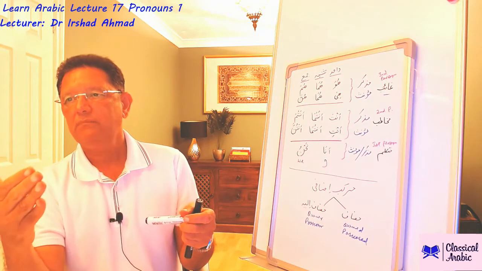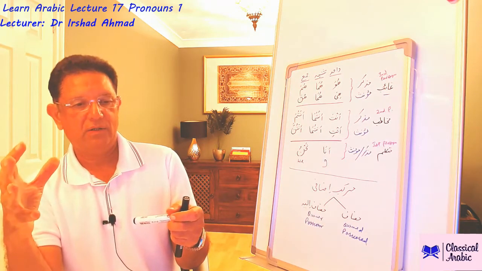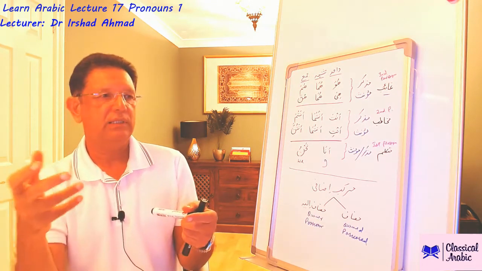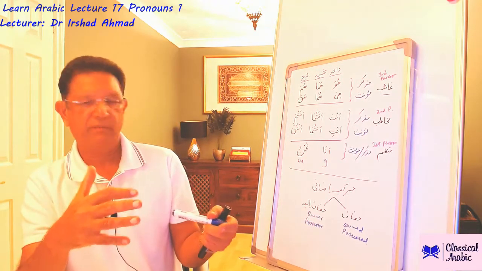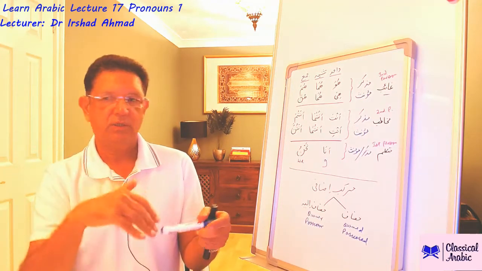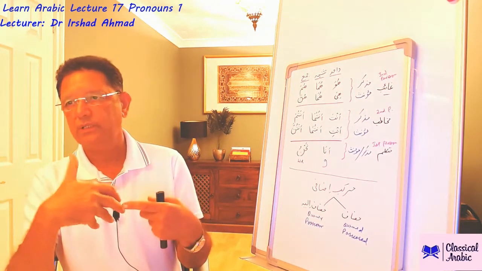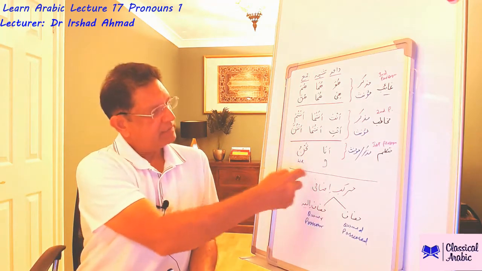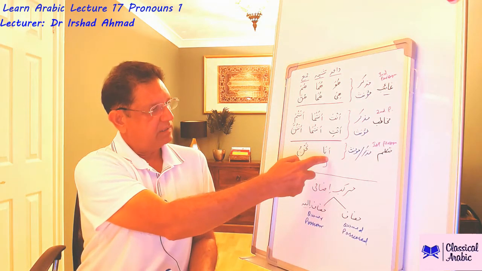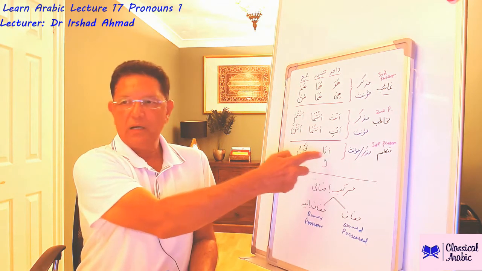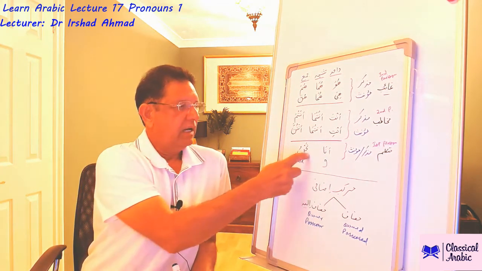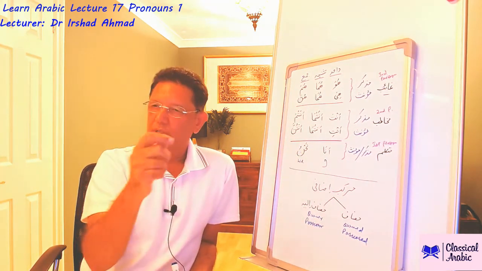And if there are 10 men standing on a stage, they will say we. Similarly, two women and many women standing on a stage talking to a group of people, they will say we. So it makes sense that in first person we have only two, which is ana for singular and nahnu for dual as well as plural.